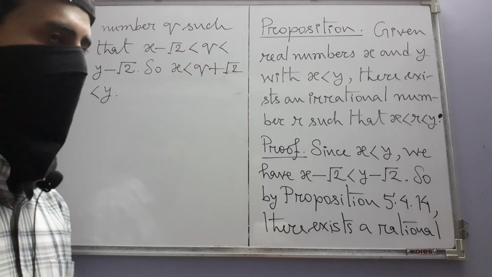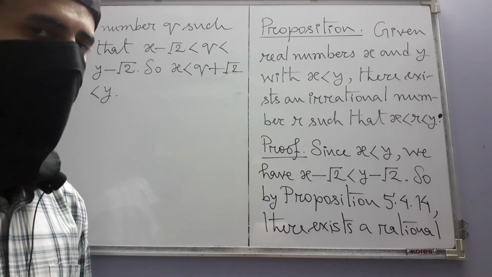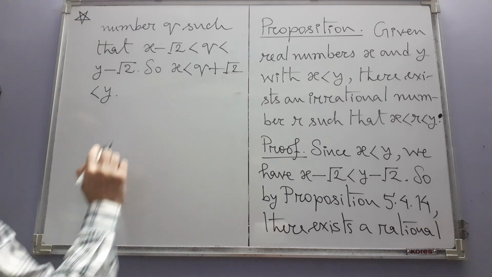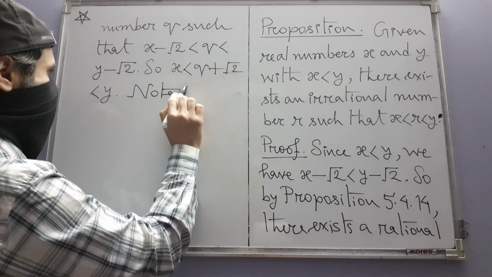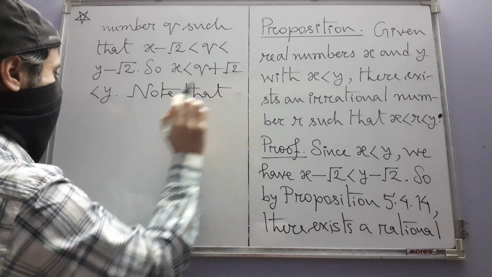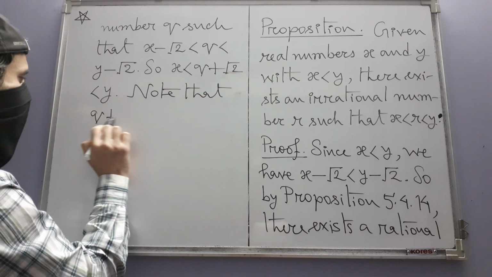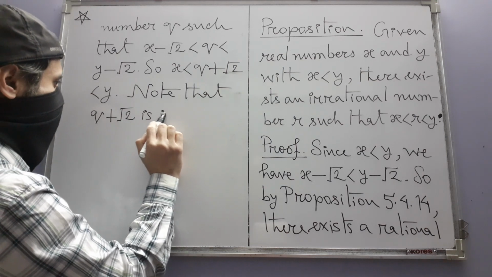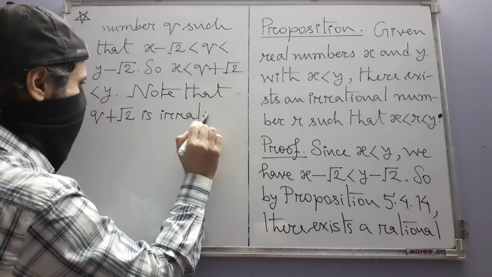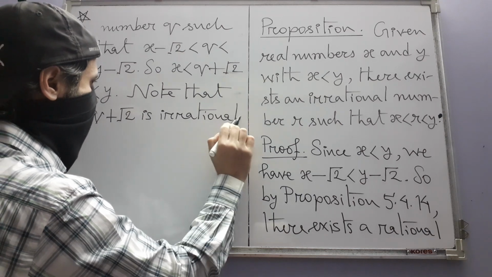But is it irrational? It is actually irrational. Why? Note that q plus square root of 2 is irrational.